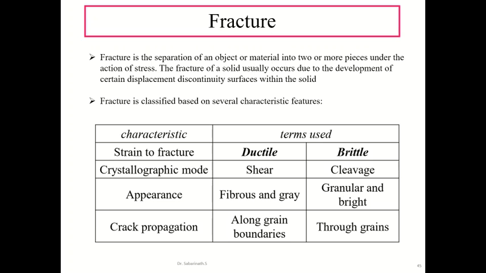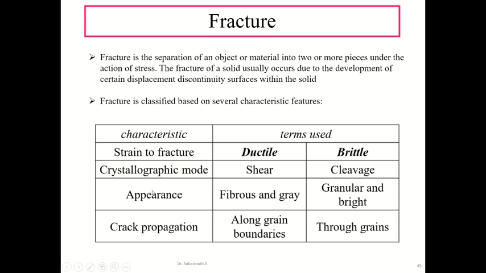Fracture is classified based on several characteristic features. There are generally two modes of fracture: ductile fracture and brittle fracture. In ductile fracture the crystallographic mode is shear, and in brittle fracture the mode is cleavage.